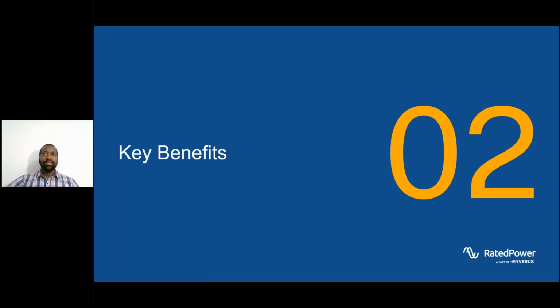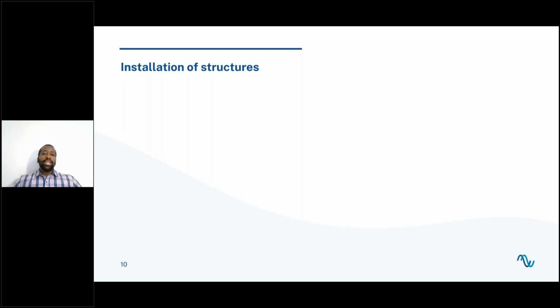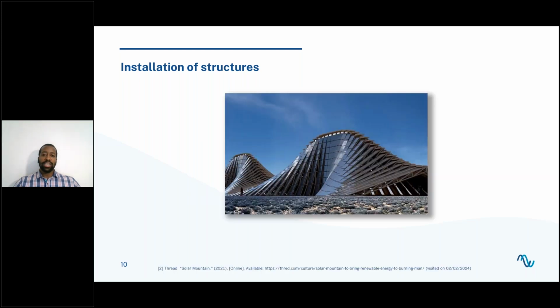Right, so key benefits. We need to know the topography prior to installation to avoid surprises and big changes in the field, unless, of course, you're willing to install something like this image up here, where we're basically installing everything. If you would like to know a little about this, you can search for the solar mountain on Google. But if that's not the case for your project and you have some constraints, some slope limits, then that is also something we need to take into account.